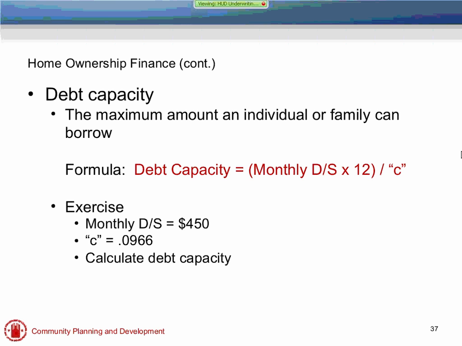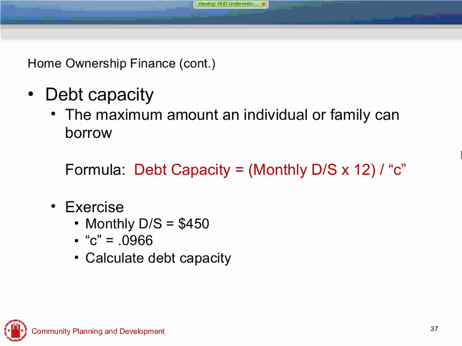So instead of using, as on our rental housing, the net operating income that the project's bringing in, here, to determine debt capacity, we're looking at how much can the homeowner afford each month. So we look at that as their monthly debt service, multiply that by 12, and then we divide that by the constant of the loan that's going to be offered.